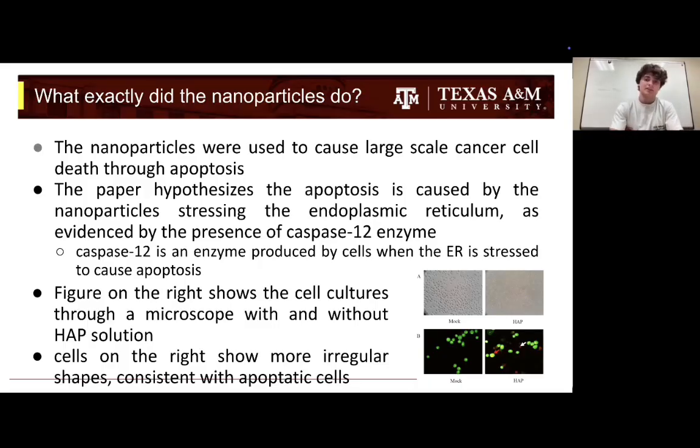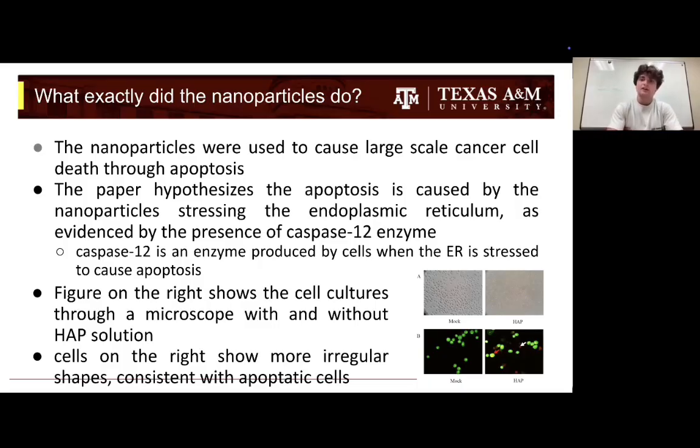The paper hypothesizes that this is caused by the nanoparticles stressing the endoplasmic reticulum, because when they tested the cells, they found the presence of a caspase 12 enzyme, which is only released in cases where the endoplasmic reticulum is stressed, and it's designed to cause apoptosis in case of issues with the endoplasmic reticulum.